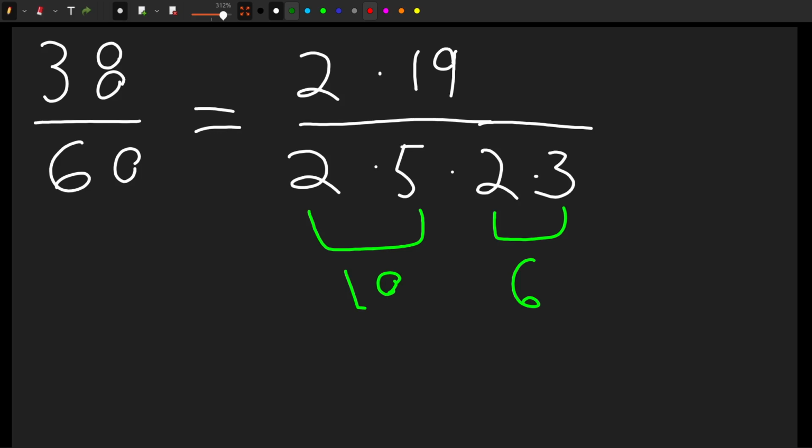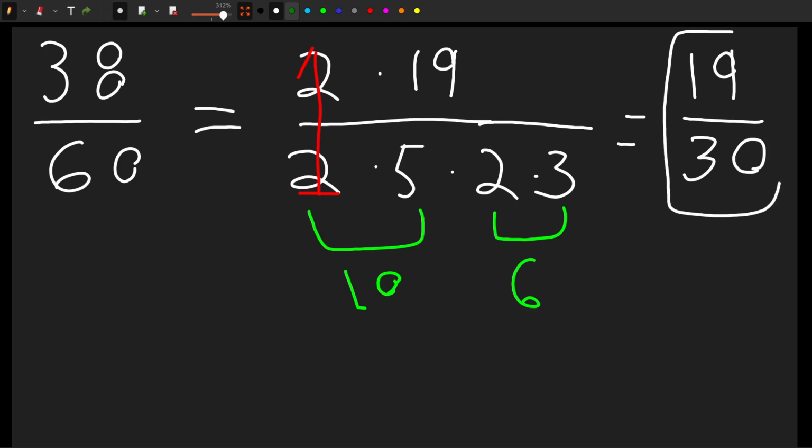And so what we notice is there's only one thing that can cancel out here, which is this 2. It turns into a giant 1, and we are left with 19 on the top. And 2 times 3 is 6, times 5 is 30. And so we have 19 over 30.